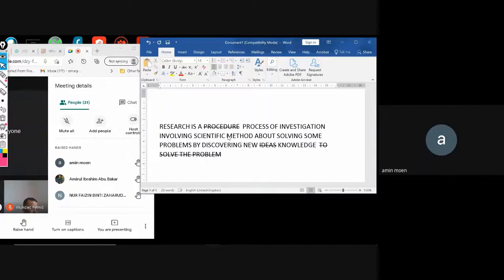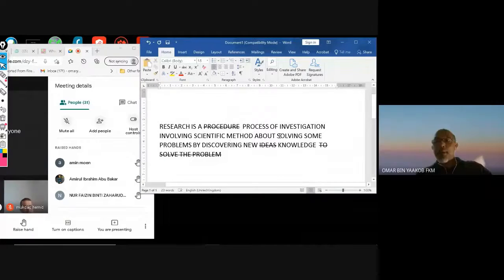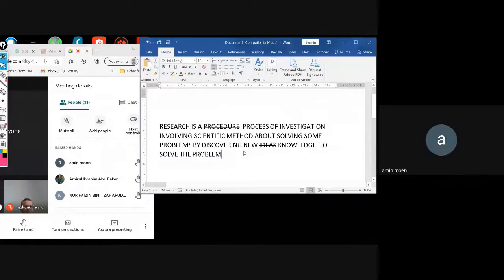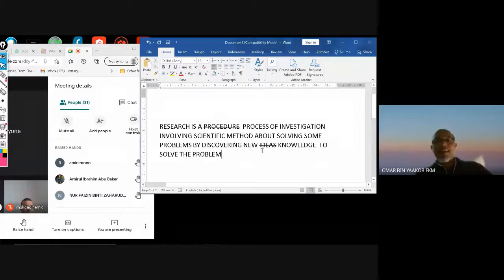And then at the second part, by discovering new ideas, new knowledge, I think we should remain to solve the problem, because research should be conducted to discover new knowledge and also to solve the problem. Okay. But we have two solving here: here solving some problem, here to solve that problem. I think we keep both, or is it okay for you? You suggest it like that. Yeah. Okay. All right. I follow you.